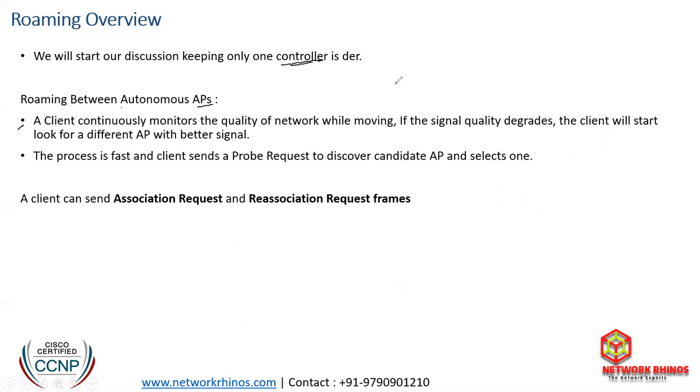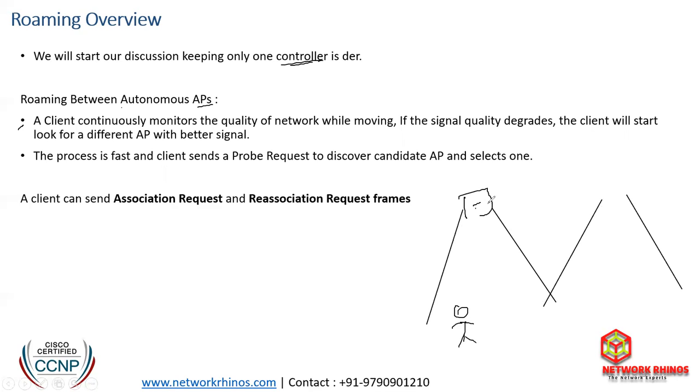So imagine that I have two areas: this is my first AP signaling area and this is my second AP signal area, and I am standing somewhere here with my laptop. This is my AP number 1, this is my AP number 2. Now my client, nothing but my laptop, will keep monitoring the Wi-Fi signal quality strength.